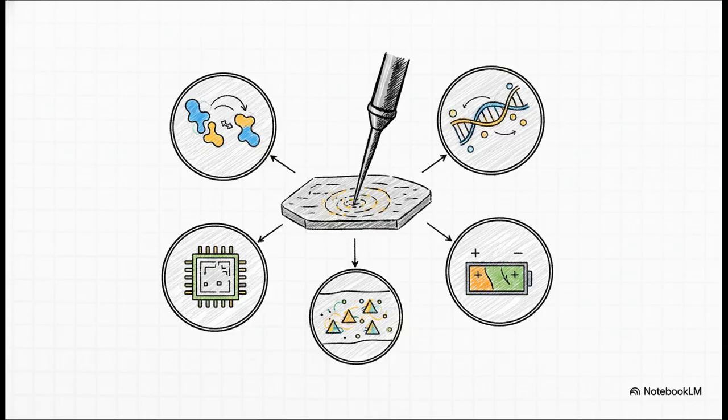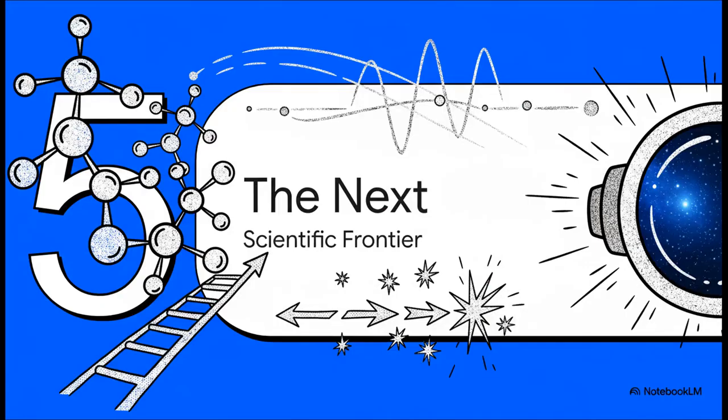We're talking about watching a single chemical reaction as it happens, mapping the structure of DNA, molecule by molecule, designing electronics on the molecular scale, and finally understanding, at the most basic level, how things like catalysts and batteries actually work. It's just incredible. And I want to be clear, this isn't just a small step forward for science, this is a huge leap into an entirely new frontier.